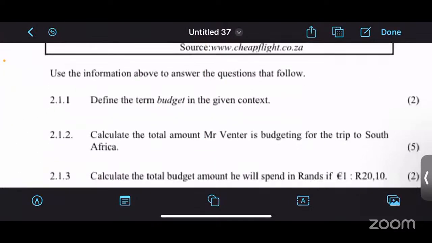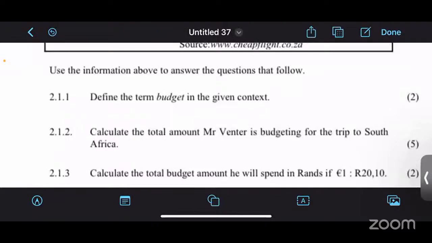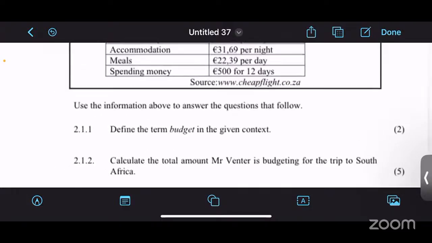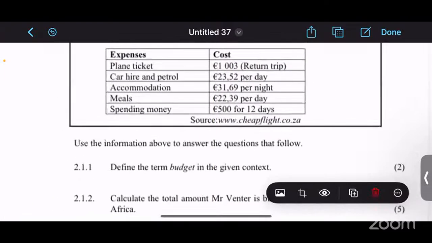The first question was asking you to define the budget in the given context, so they want a definition of budget with regards to the scenario that they've given you here.